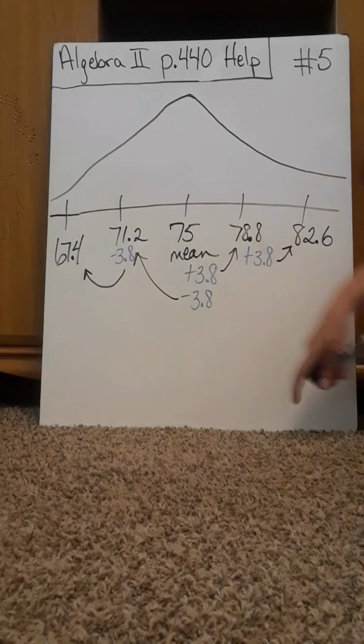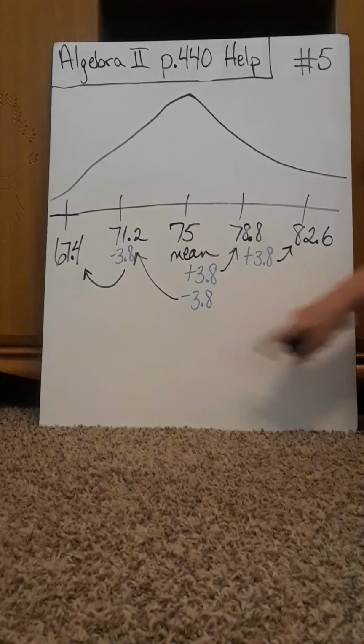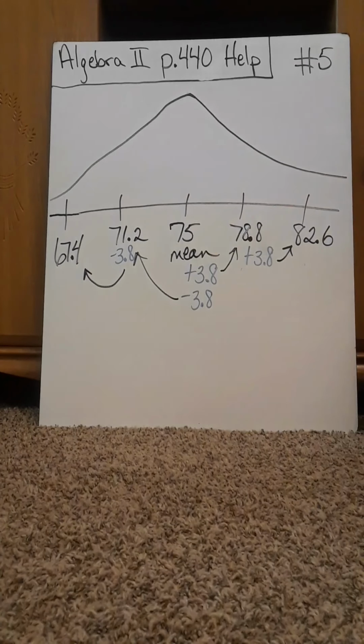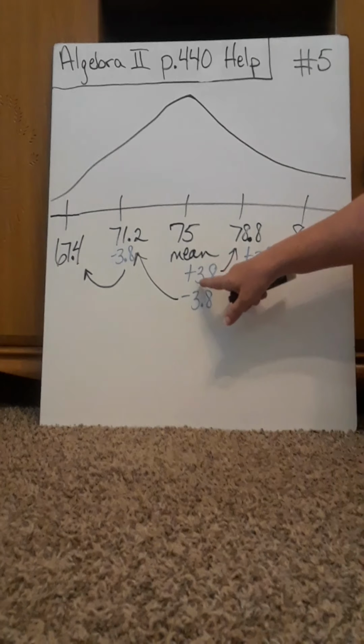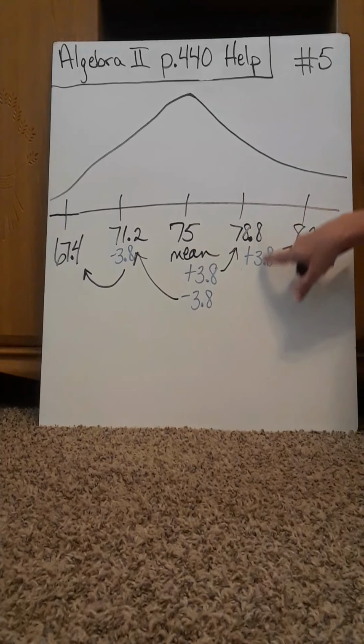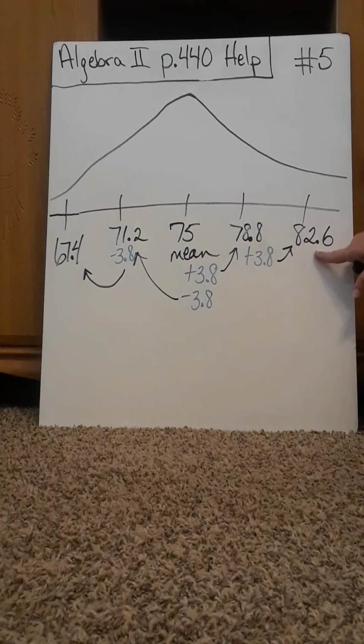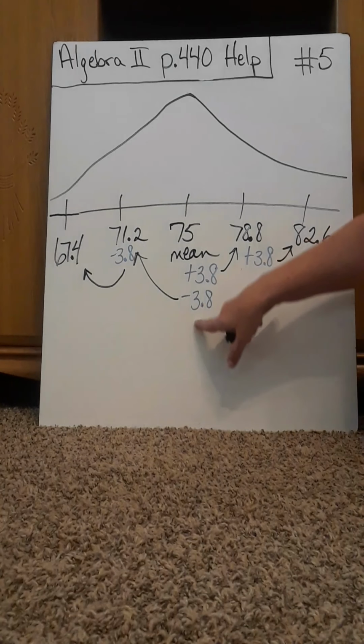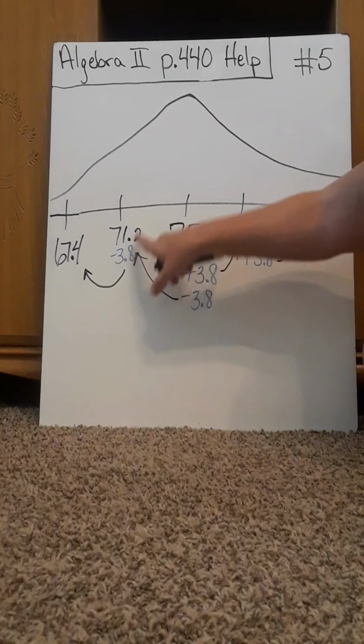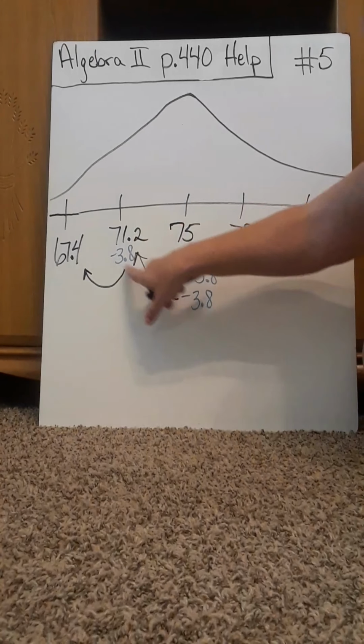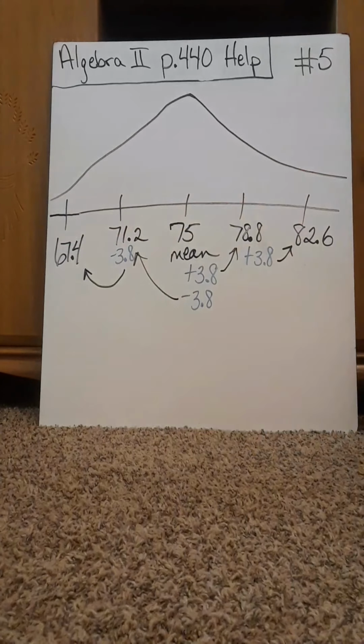So notice that I've created a number line here, and I've put my mean of 75 right in the center. And then it says it has a standard deviation of 3.8. So I added 3.8 to get the 78.8, and I added another 3.8 to get the 82.6. And then I subtracted 3.8 to get 71.2, and I subtracted 3.8 again to get the 67.4.